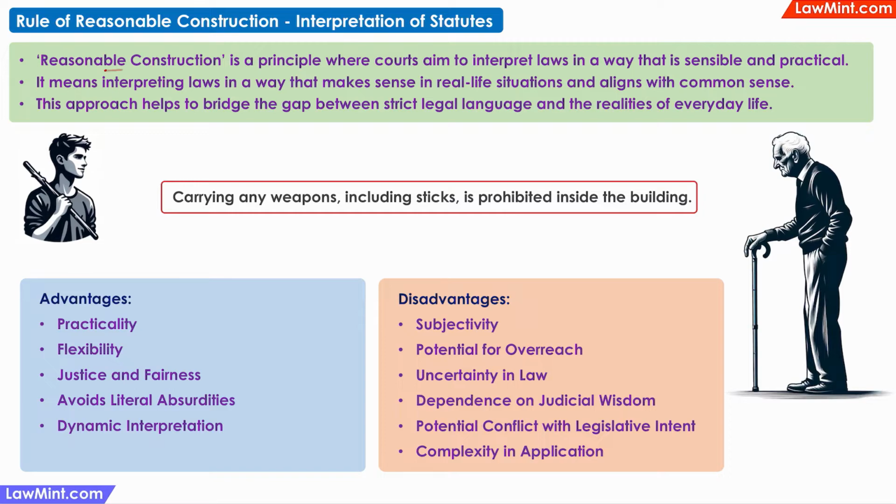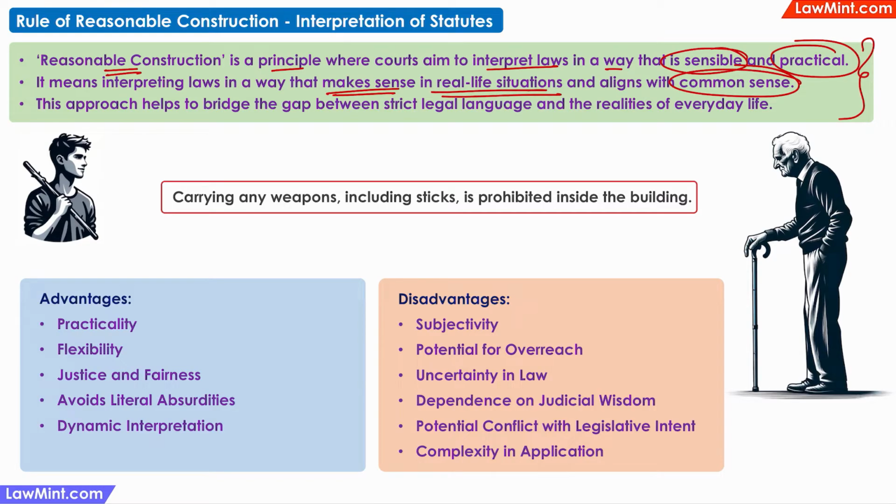The rule of a reasonable construction can be explained and summarized in these 3 points. This is a principle where the courts aim to interpret laws in a way that is sensible and practical. It means interpreting laws in a way that makes sense in real-life situations and aligns with common sense.